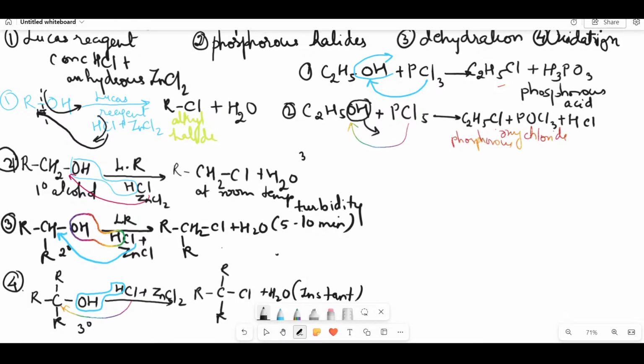One more reaction using halides. Let me take the same thing, C2H5OH plus, now I will take SOCl2, that is thionyl chloride. This is thionyl chloride.